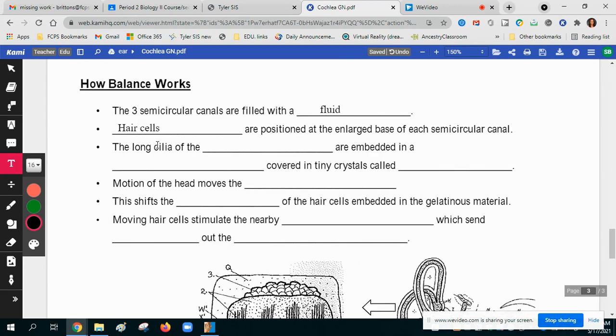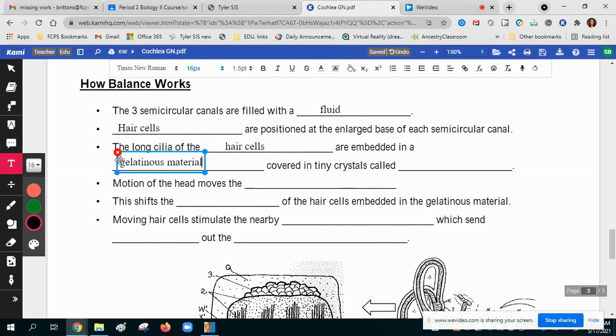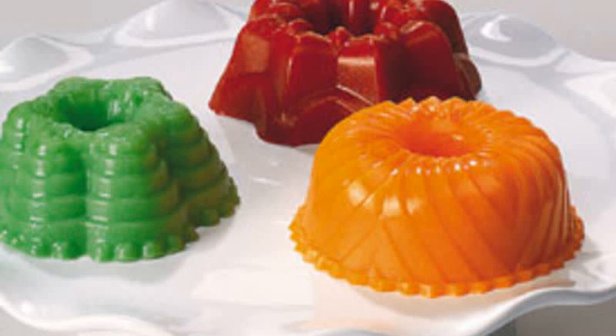The long cilia of the hair cells are embedded in a gelatinous material. Here's where it sounds like I'm making this stuff up, but I'm not, I promise. Think about a Jello mold. People used to make Jello molds back in the 70s and 80s.